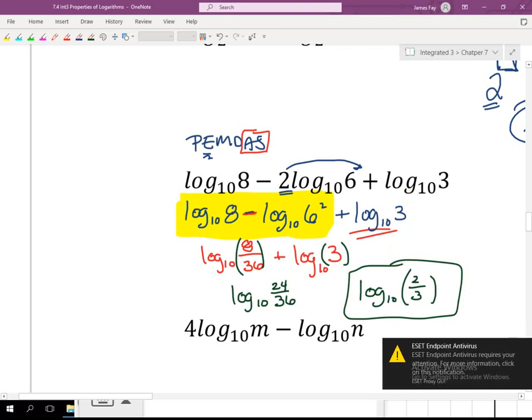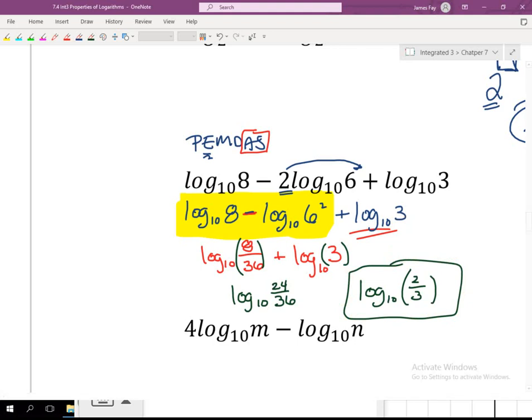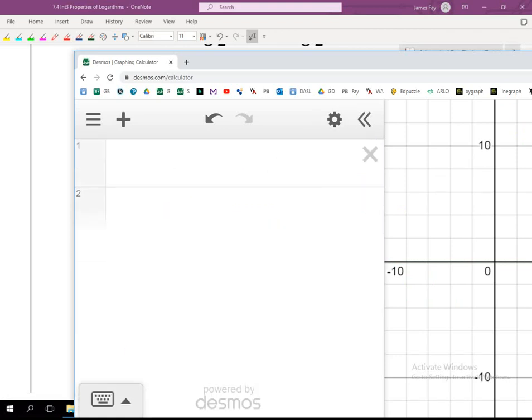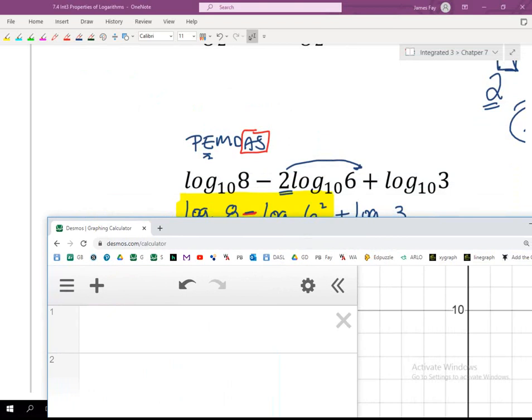What we're arguing here is that it is the exact same thing as log base 10 of 8 minus 2 log base 10 of 6 plus log base 10 of 3. Would you rather, in an equation, if they have that first problem that we start with written out, would it be nicer for us to be able to condense that down to log base 10 of 2/3? And now, when you're doing these, okay, if you've ever got questions of whether you've done things correctly, you can always type in what you started with.